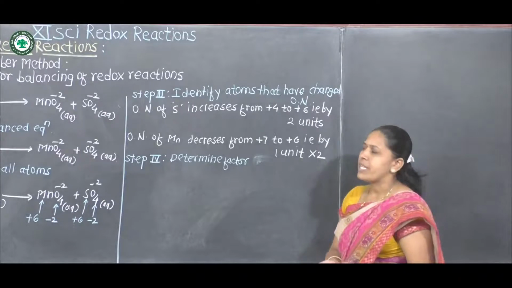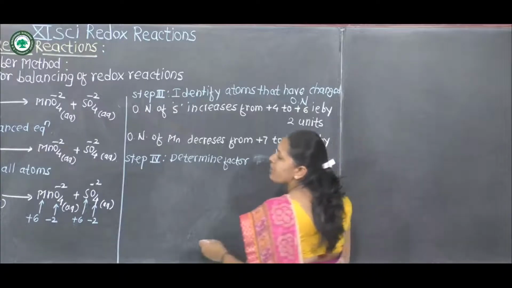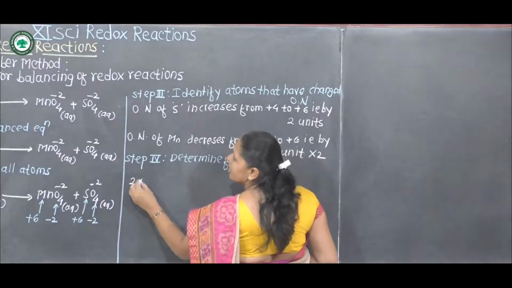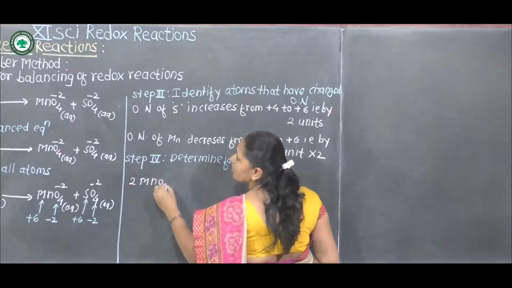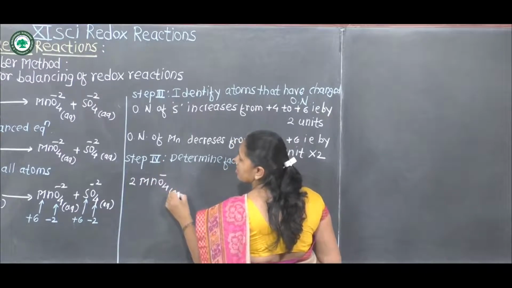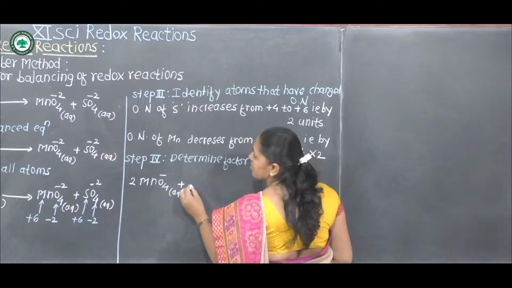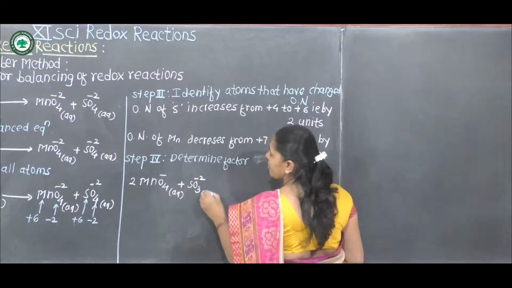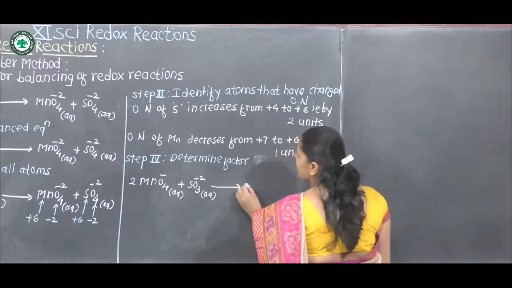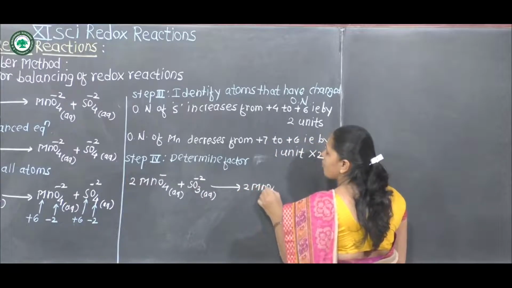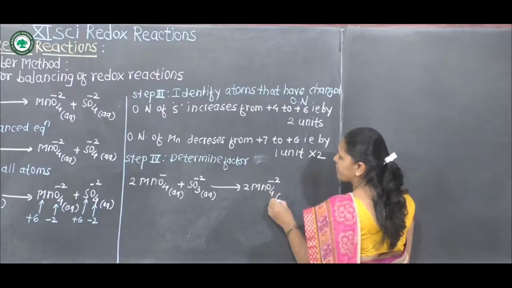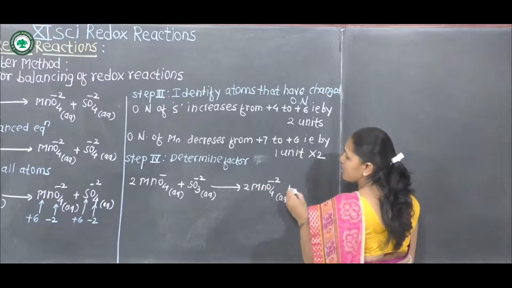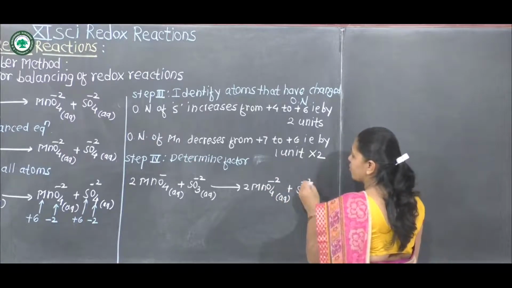Here manganese is present. That means multiplied by 2: 2 MnO4 minus plus SO3 minus 2, it gives twice MnO4 minus 2 plus SO4 minus 2 aqueous.